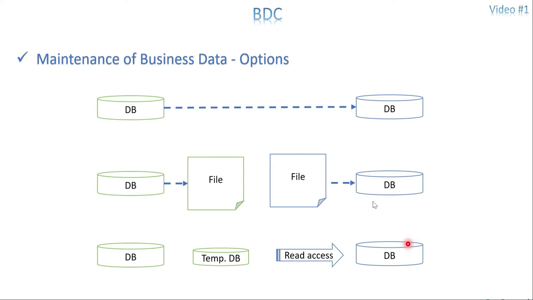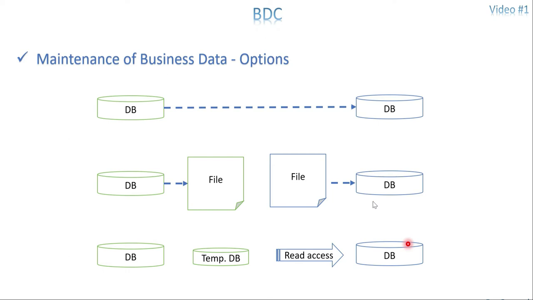And we have many options to move the data from the existing database to the new database. We have used this option especially for SAP implementation projects. So fresh implementation projects from ECC 5 or 4.7, very long back, probably most of the people worked.